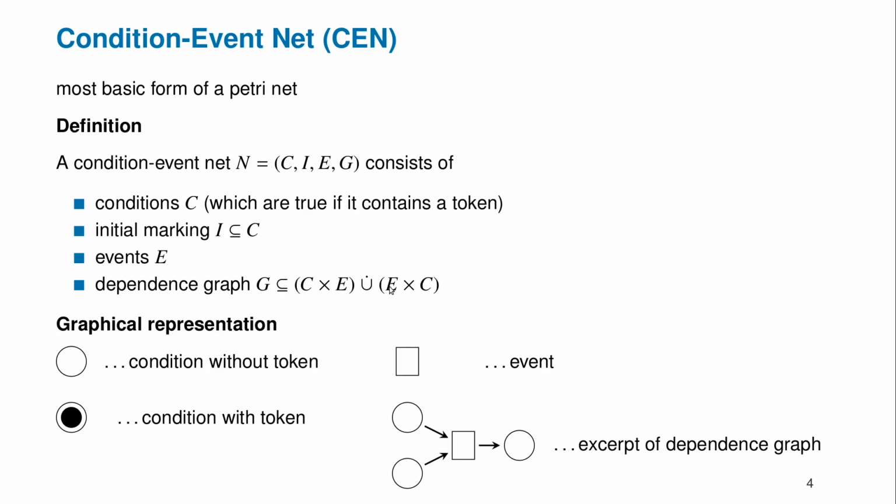Since these two sets are disjoint, we can use the disjoint union to indicate that the two sets we have here have no common elements.